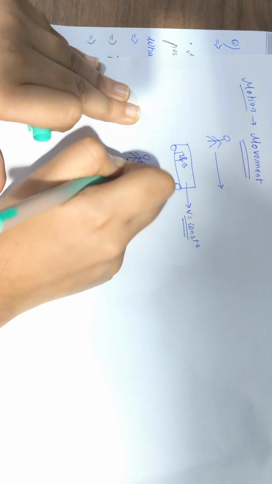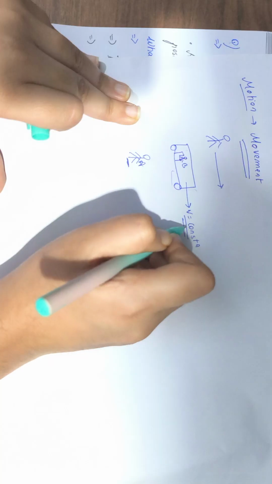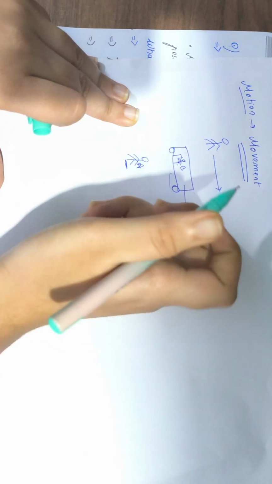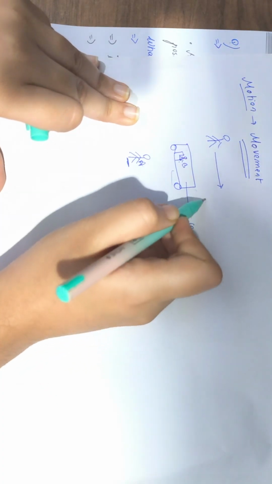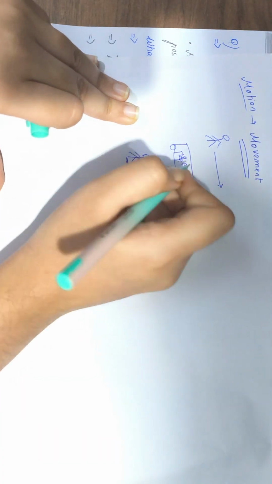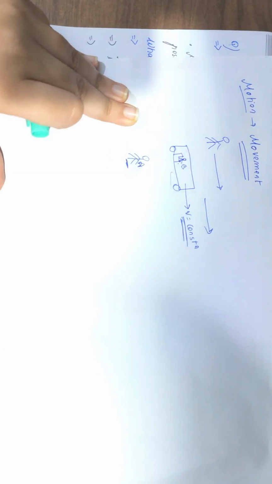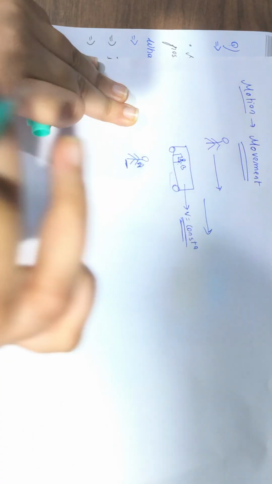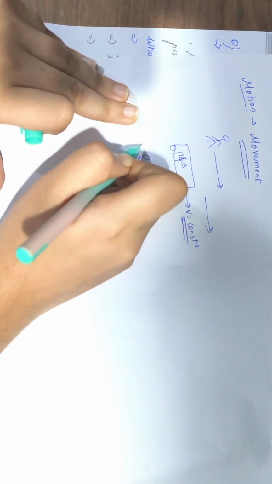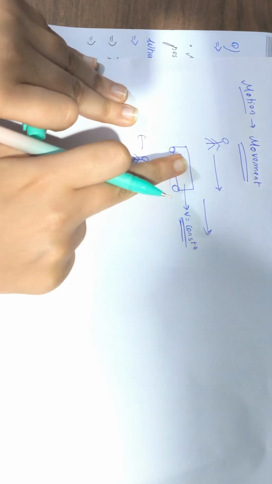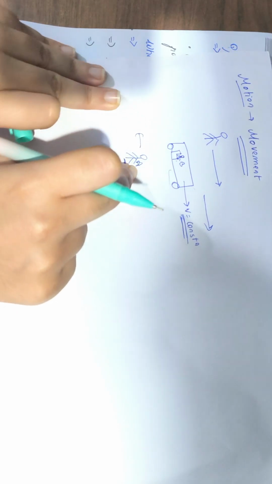Let's say this is person A, this is person B. For person A, this train is moving with a constant speed v, and this person B is moving with a constant speed v, in this direction. But this person B will consider himself to be at rest, and he observes that person A is moving backwards with a speed v.